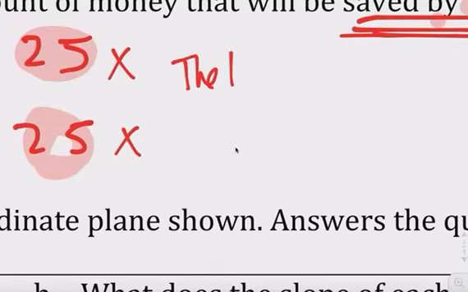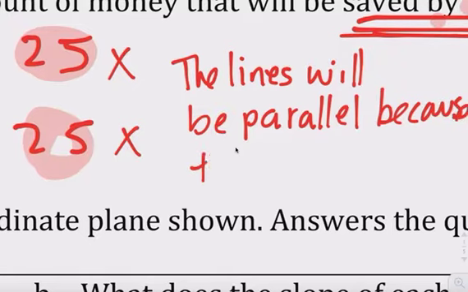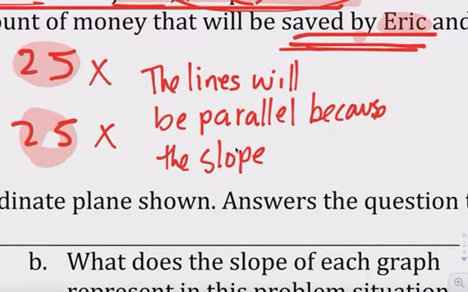The lines will be parallel because the slopes are the same. These are no longer called coefficients, they're slopes because it relates to the graph. Slopes are the same.